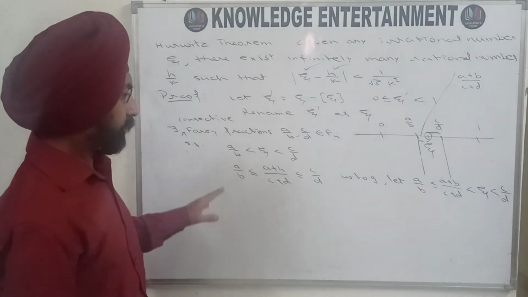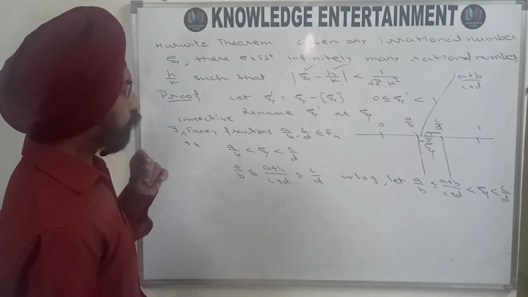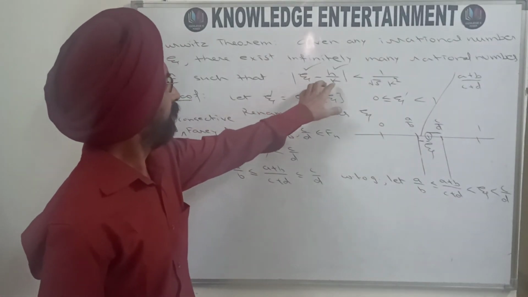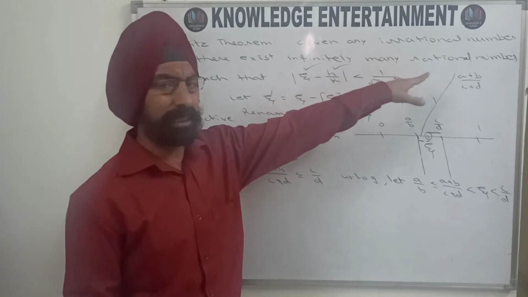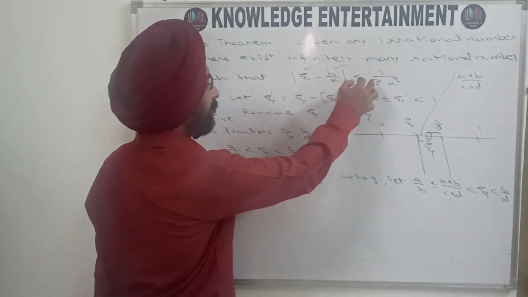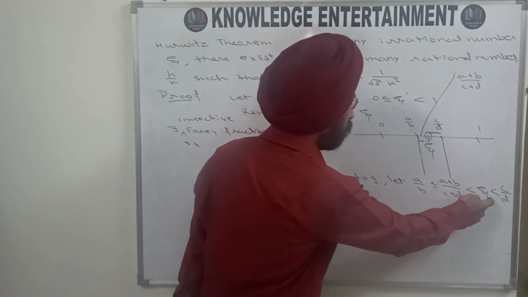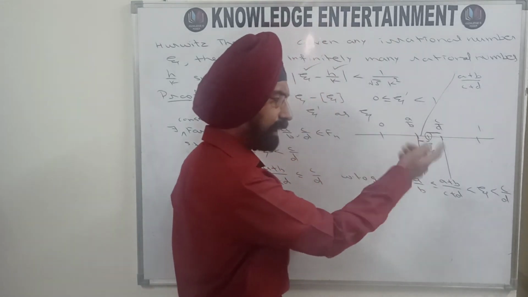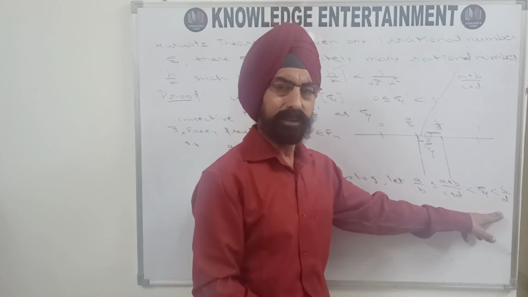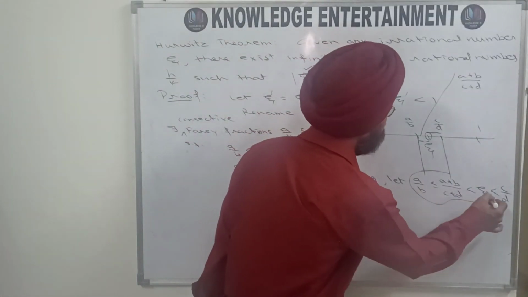Now this is being given. We have to show that this inequality is satisfied for infinitely many rational numbers. And what I will show is that this inequality is satisfied either by this number or by this number or by this number, in this case. In the other case, I will take this number and these numbers. So for the present case, I am taking these three.